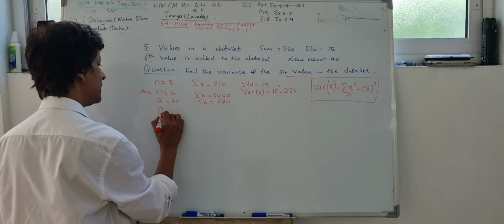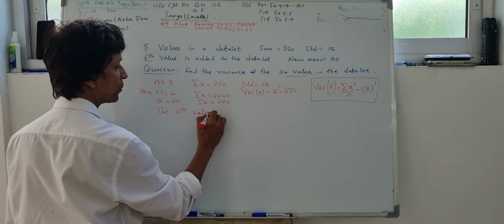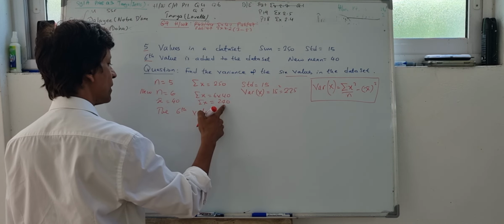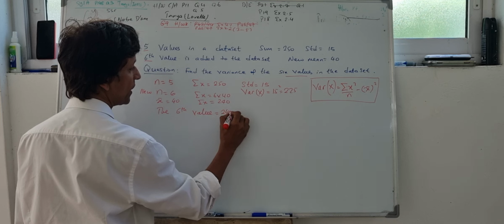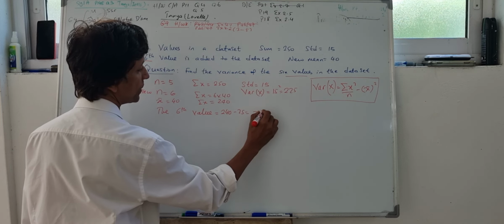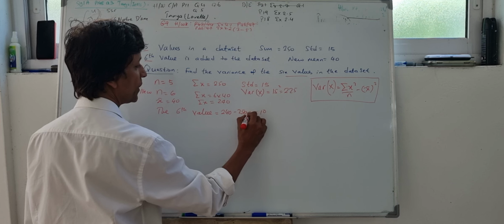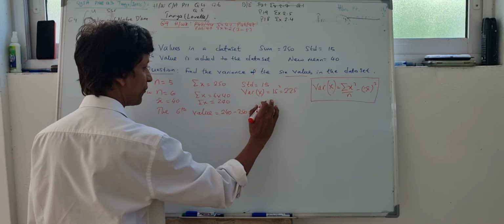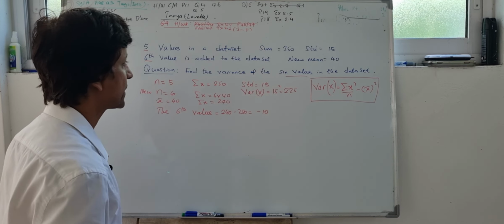The 6th value added is the new summation of x minus the old summation of x, so 240 minus 250 is negative 10. Negative 10 was the 6th value that was added.